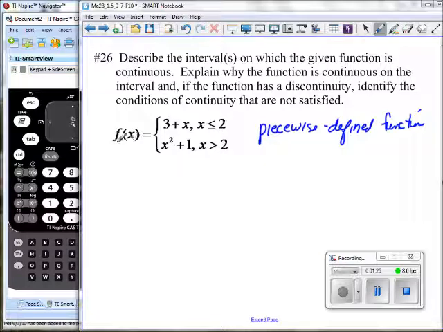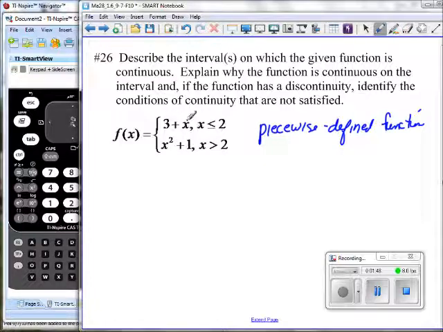Let's look at the fact that this top piece is 3 plus x. What would the graph of that top piece look like? A nice straight line. Okay, it's linear. What's the bottom piece going to look like? A parabola. Good.